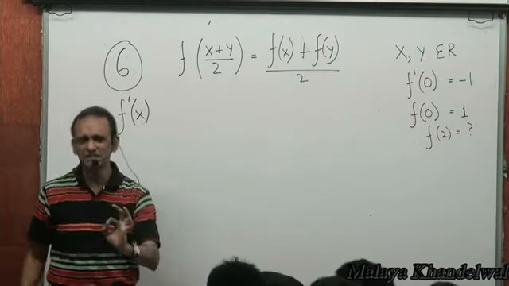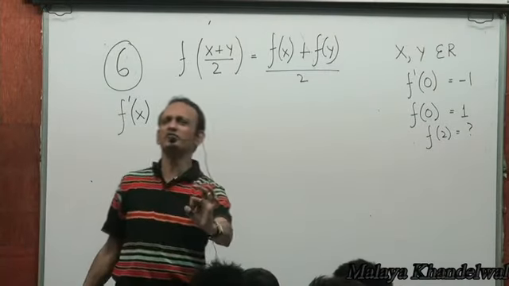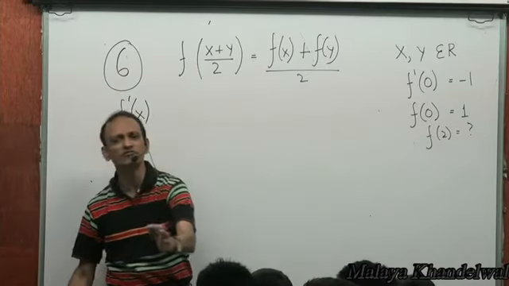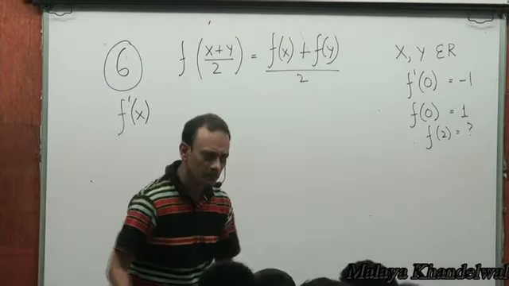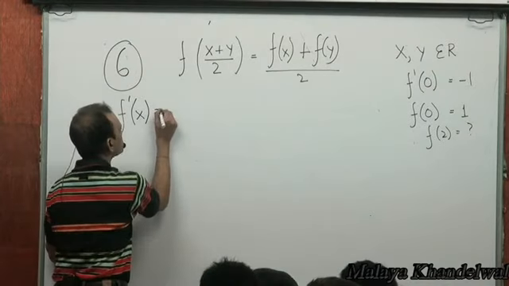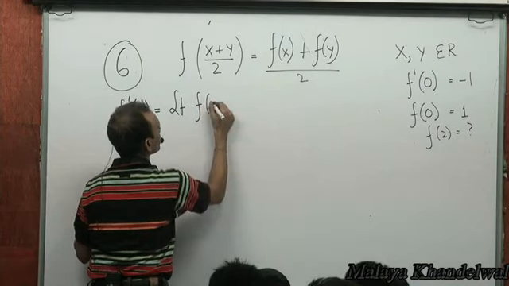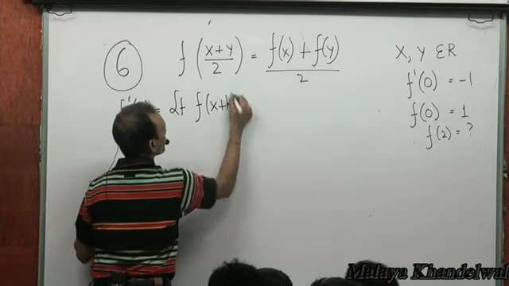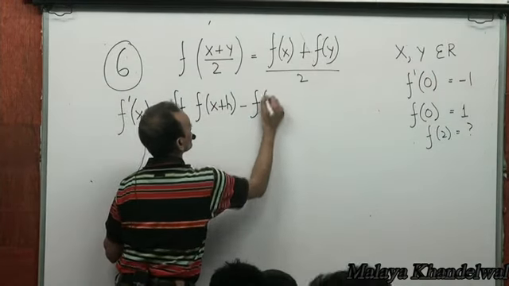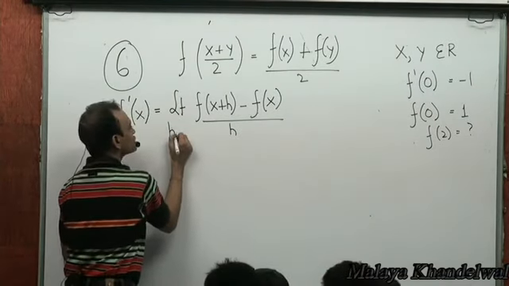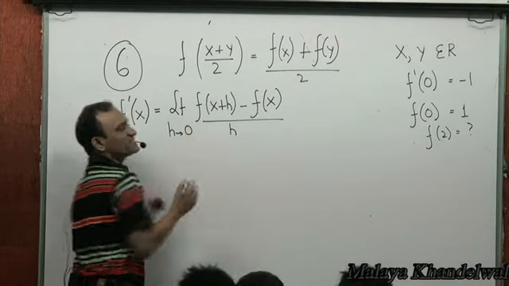Alright, f dash x. First principles, f dash x is going to be limit of (f(x plus h) minus f(x)) by h as h tends to 0, yes or no?